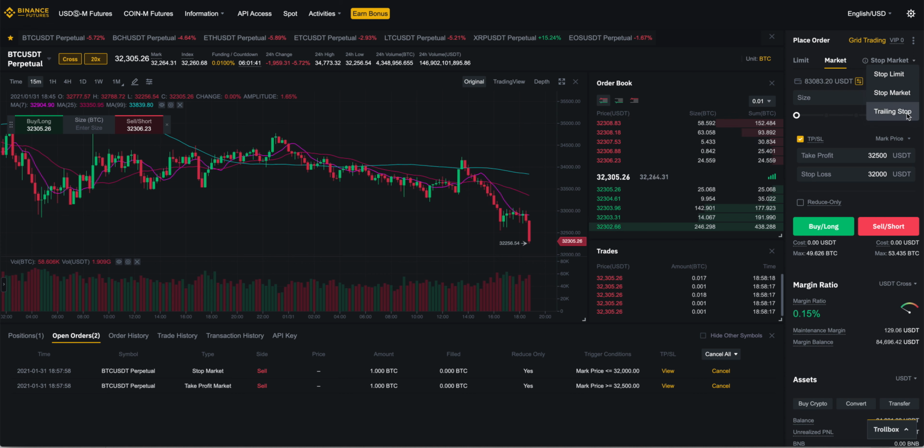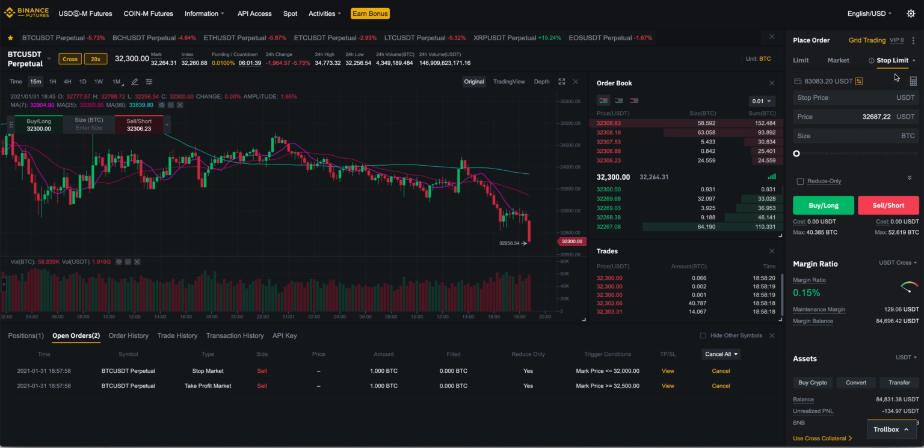Sorry guys. Again, these are other options, quite straightforward in my experience, but I will explain also to you guys. So the stop limit, what this stop limit does, you have a stop price, which is the triggering condition price.